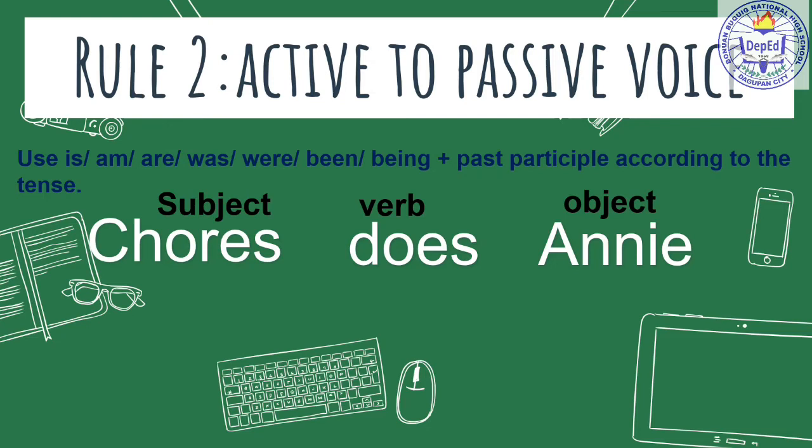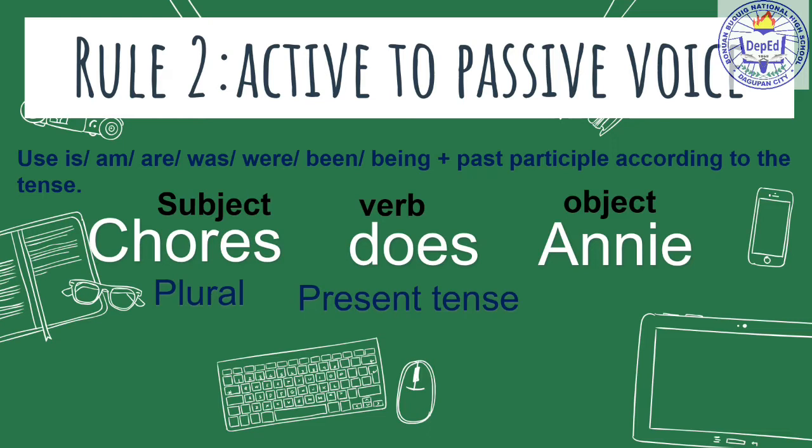In this example, the subject chores is plural and the verb does is in the present tense. Then we can use the plural auxiliary verb in the present tense, which is are.